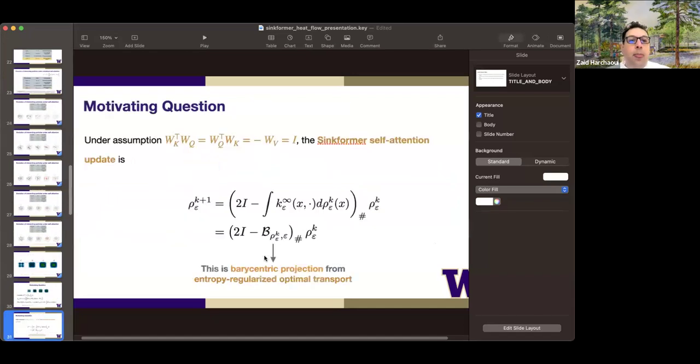Okay, so the key tool we're going to introduce is the so-called barycentric projection. If you look at a single particle and you pass it through a push-forward map, you obtain another particle. This is the process that we are all familiar with in statistics. This is what we use when we do regression, right?